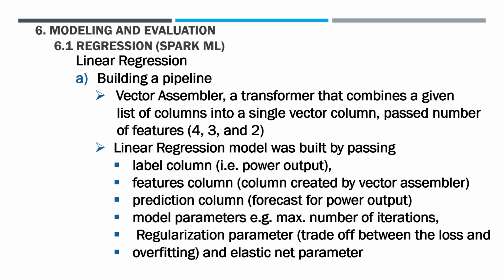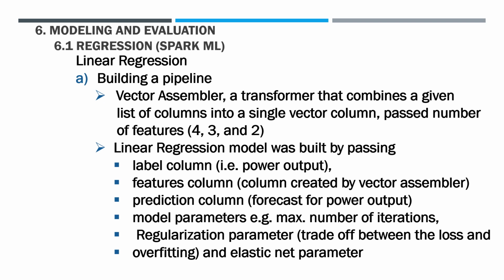And then the linear regression model was built by passing a label column, which is the power output column of the data set. Then it was passed the features column that's generated by the vector assembler. And then it was also passed the prediction column, which is a newly generated column.